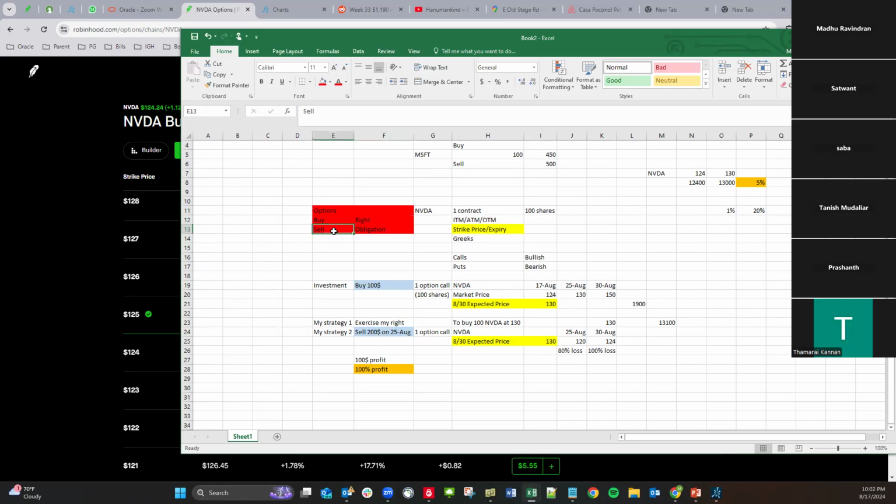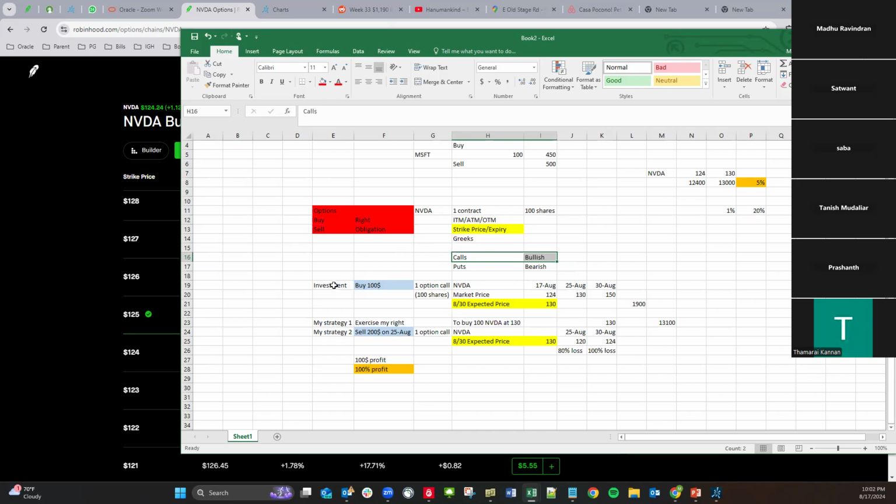Only when you sell an option do you have an obligation. I'm buying a call expecting that the stock price will move higher, which is the bullish strategy that we went through here.